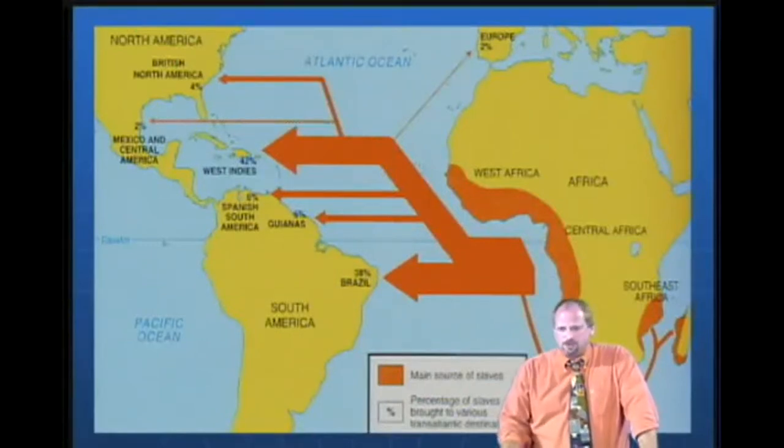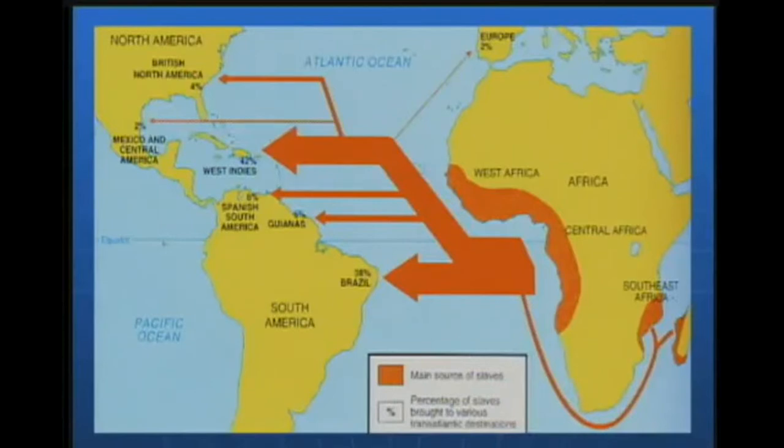Here's a map that shows the African slave trade. Notice where the slaves are coming from. Notice where they are going. Notice the size of the arrows. As you can see, the vast numbers of Africans that were forcibly imported to Brazil, to the Spanish Americas, to the West Indies, and even to British North America, absolutely staggering.